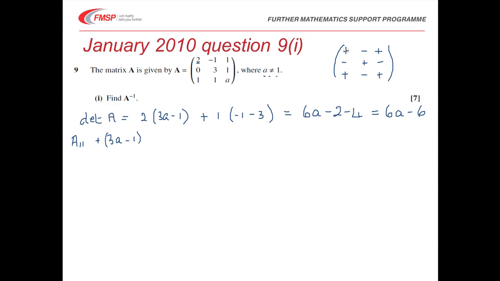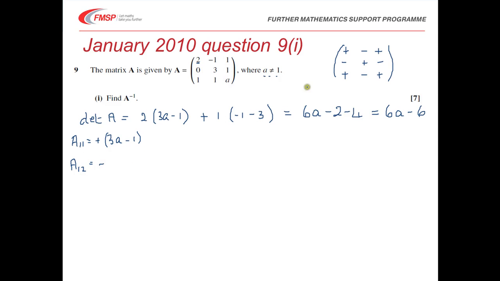And then I'm going to find the cofactor of A12, so that's this next one. I'm going to write it down here, underneath, because I'm transforming the rows into columns. A12 means you're crossing out the first row and the second column, so it's going to be 0 times a minus 1 times 1.